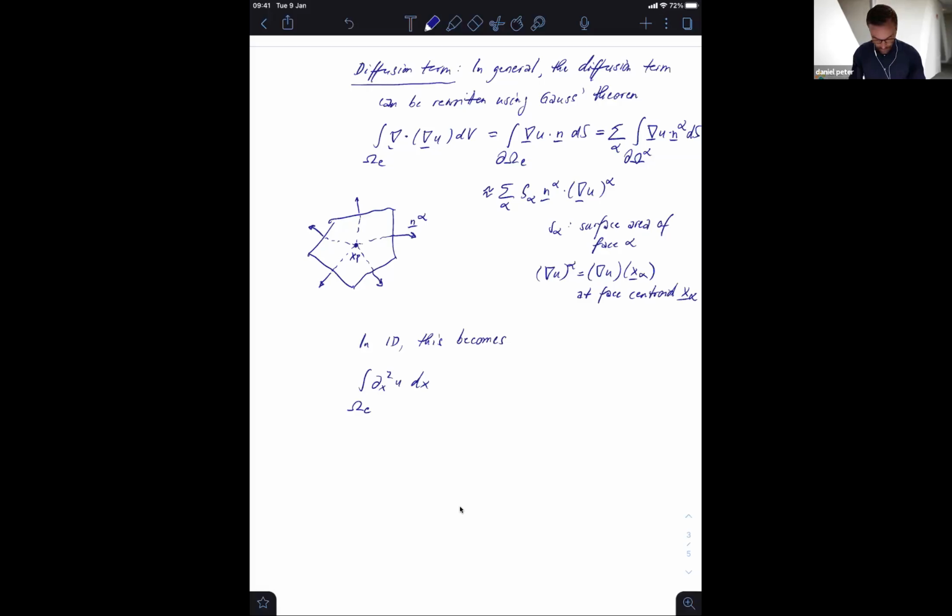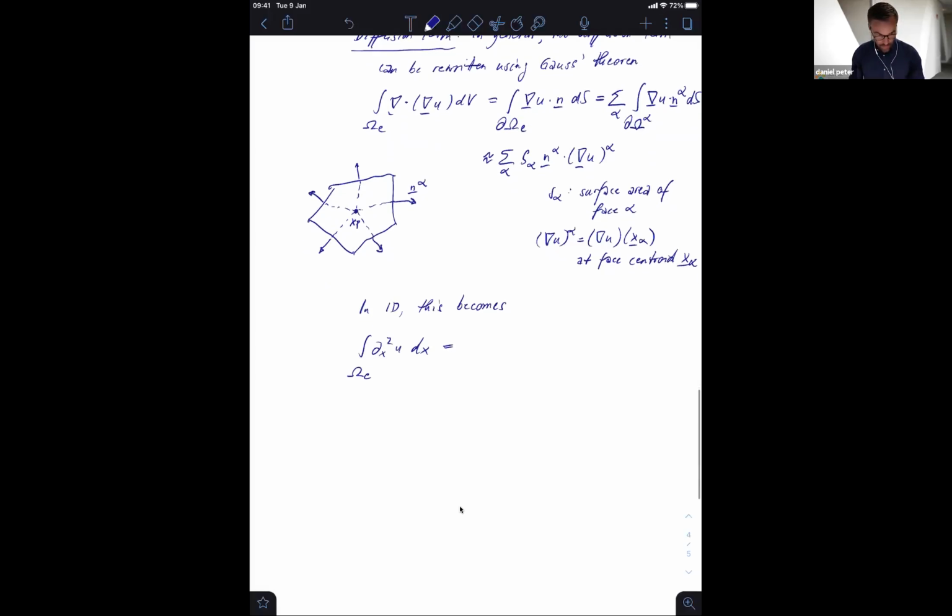And so if u is smooth enough within the grid cell, we can just write this as the grad of u from the endpoints of that cell, which I call xa.